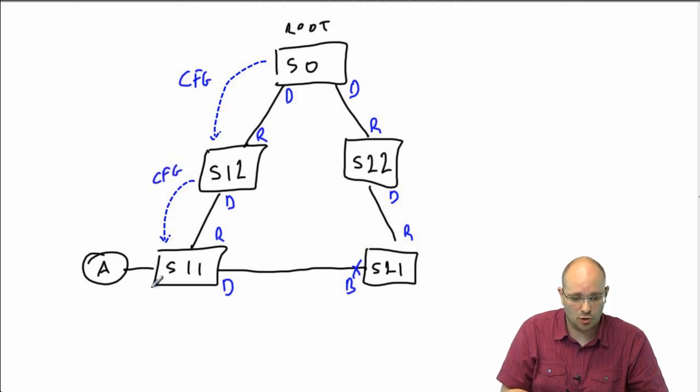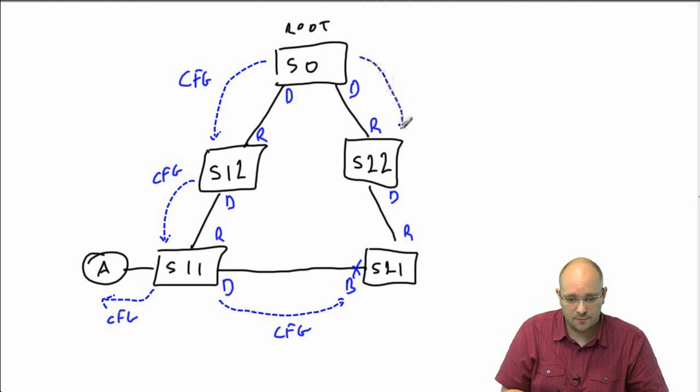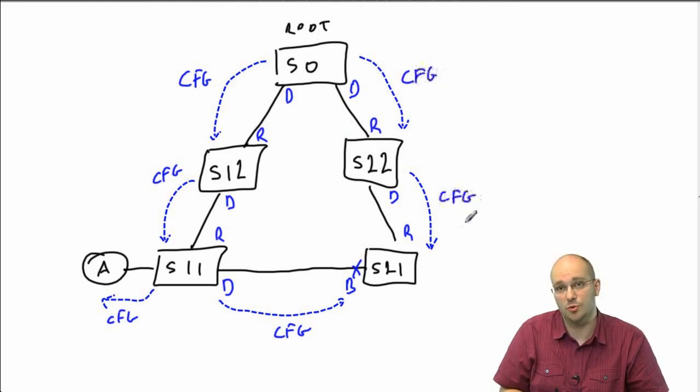Technically speaking, it is going to be sent towards host A, even though host A will have nothing to do with this. And this is sent on this link here. We are also having these BPDUs sent in our branch 2. So let's just write that these are configuration BPDUs.